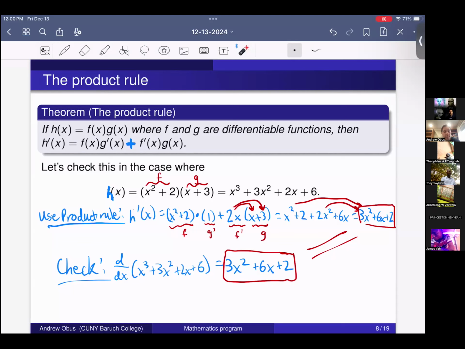All right. Any questions on this? Alexander: I think that the power rule really helps you to verify whether your derivative works perfectly. Exactly.